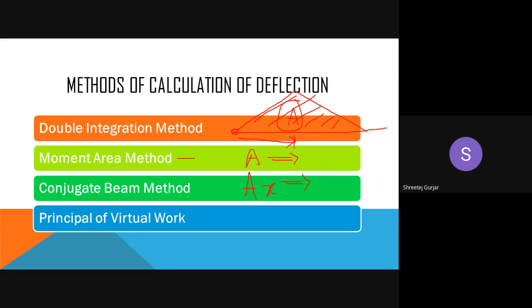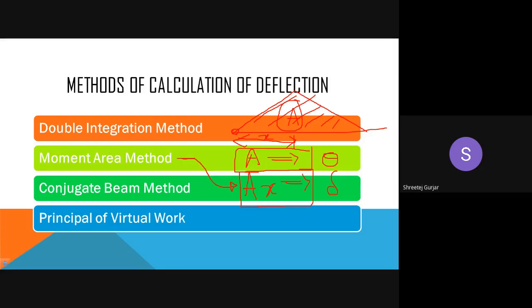This is x. This is the first theorem of the moment area method, and this is the second theorem. So area gives you theta, or your slope, and area multiplied by x gives you your deflection. So this is your moment area method.